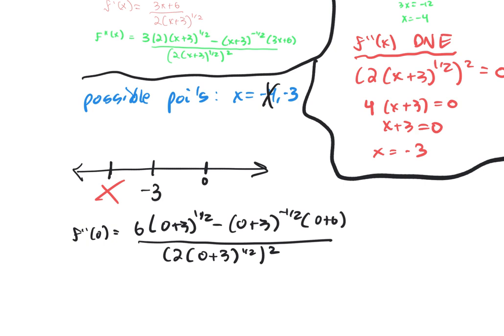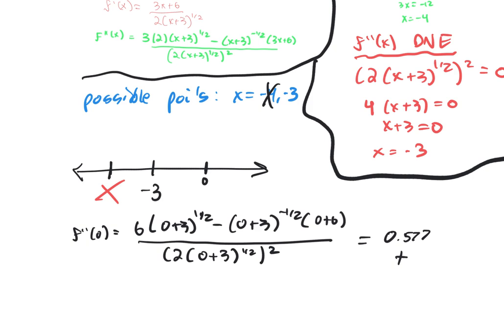Remember, the key is getting the sign of things. And so you plug all that in your calculator and you're going to get something positive. We're not really too worried about what the number is, but it's going to be positive. Now, specifically, I got approximately 0.577, but again, we're really just concerned with the fact that that is positive.